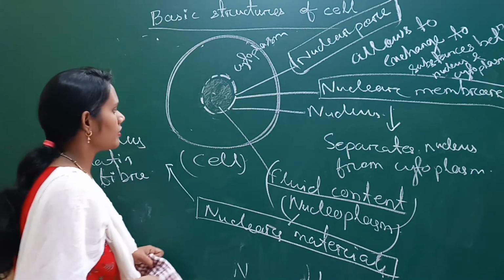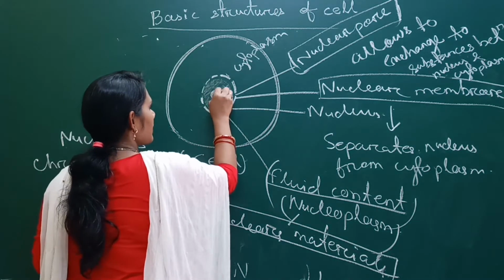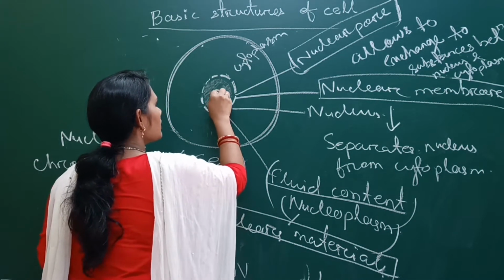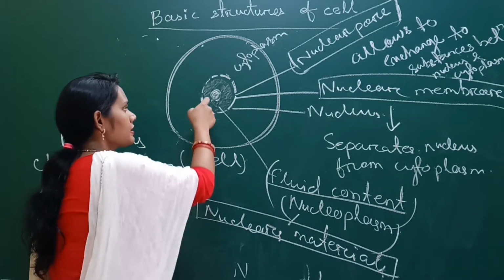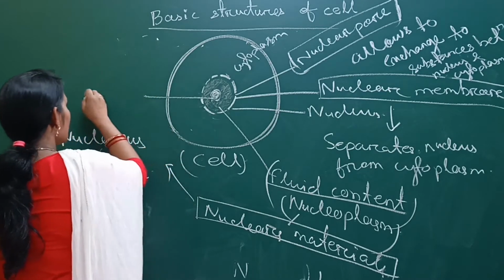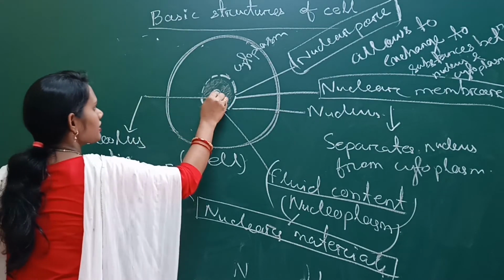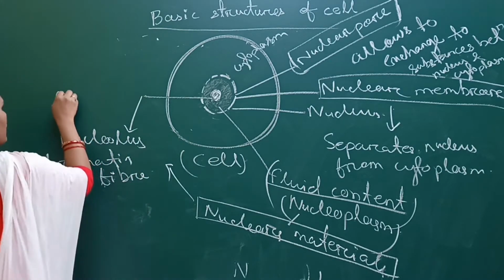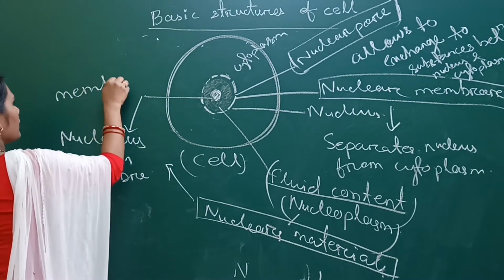Within the nucleus there is some distinct material, but it is membrane unbounded. This is the nucleolus, a distinct material present within the nucleus, but it is not bounded by any membrane.